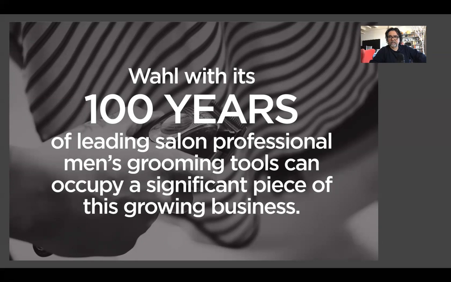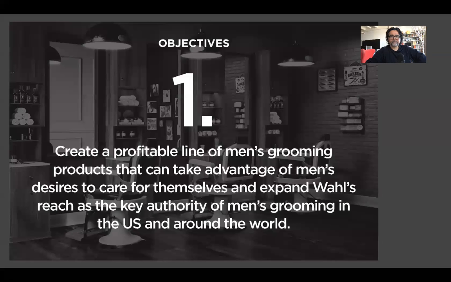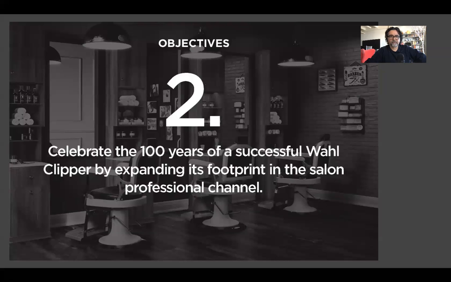So Wall is already a well-established, well-known brand that has a loyal following. Their objective was to create a profitable line of men's grooming products that can take advantage of men's desires to care for themselves and expand Wall's reach as a key authority of men's grooming in the US and around the world. So, making a relevant grooming product that comes from the same perspective of the grooming expert that Wall is, transferring from being experts in cutting technology to experts in grooming technology or grooming artistry.